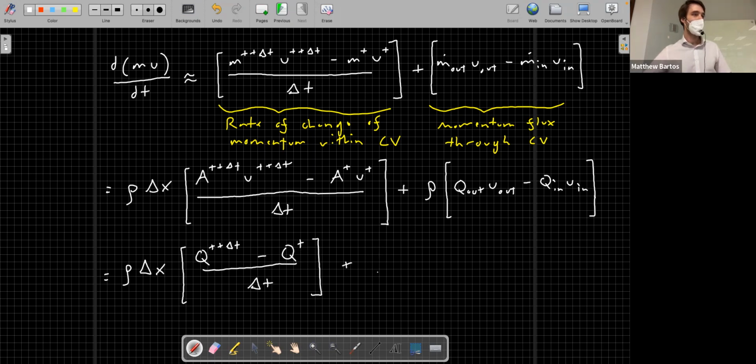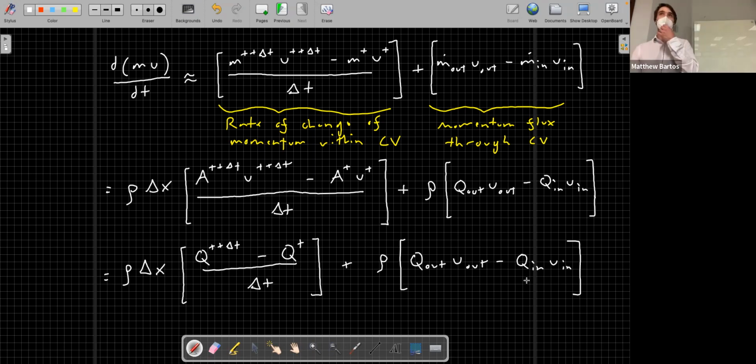Okay, and over here we have rho times the discharge out times the velocity out minus the discharge in times the velocity in. Okay, I know this is complex, so thank you for sticking with me. You're getting super advanced for getting this far.